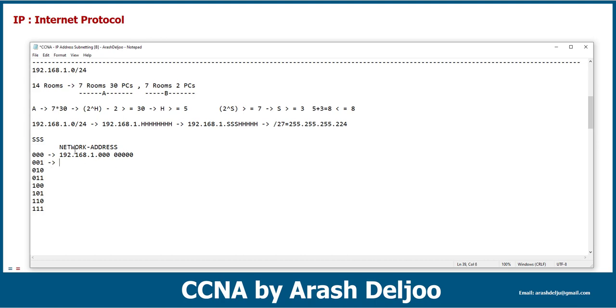After that, for the next networks, 192.168.1.001, again 5 bits of zeros. Then 192.168.1.010, again 5 bits of zeros. For the next networks, 192.168.1.011 and 00000.